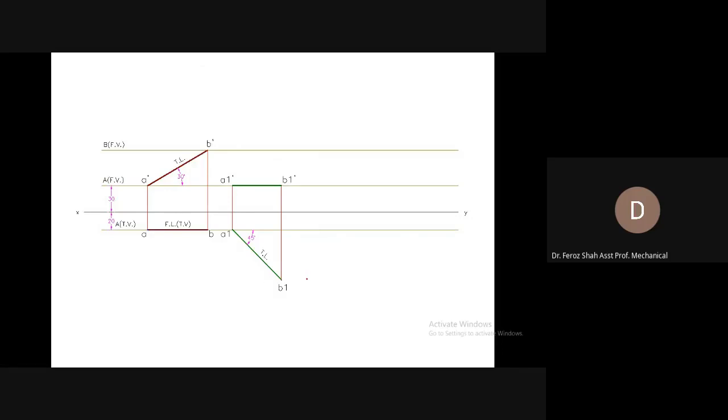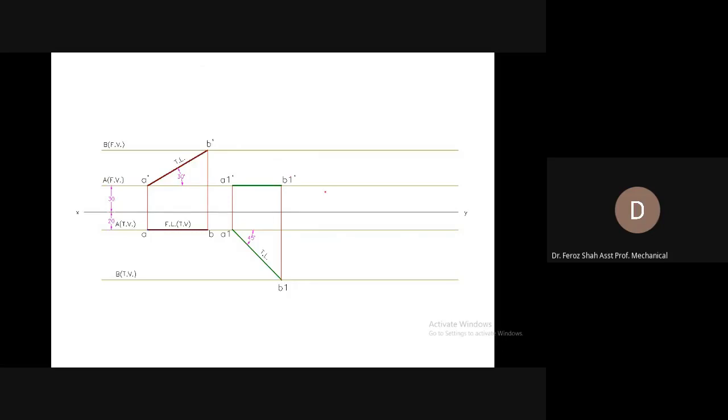Also draw the locus for end B as well. Now you have done these two steps separately. Now you can conclude or move towards the final step.